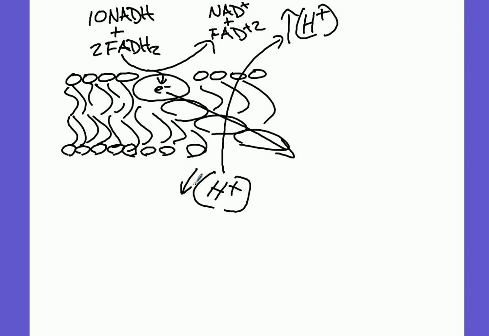So you just get a bunch of them stacked up on top of each other. So that current that we talked about that's supposed to power pumps that push hydrogen ions across the membrane quits, it stops, right? You can only make this electron transport happen if there's somewhere for those electrons to go. You need something at the end of this transport chain to collect those electrons.